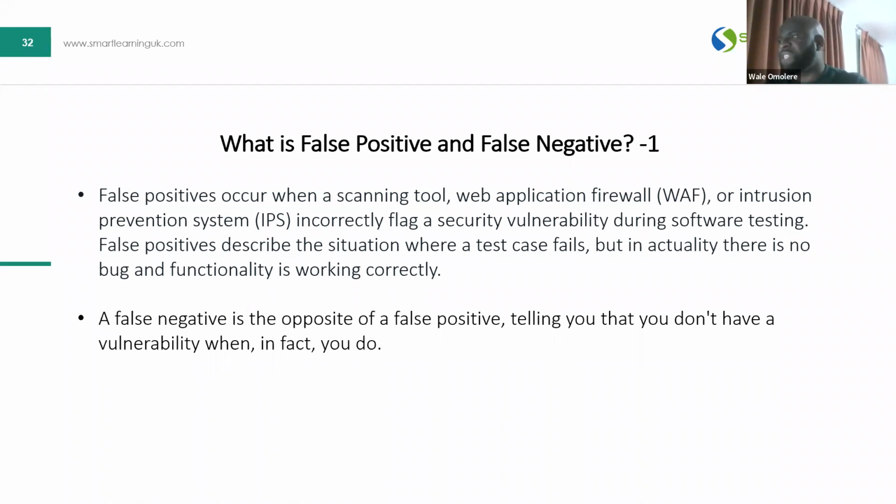False positive describes the situation where a test case failed, but in actuality, there is no bug and functionality is working correctly. So you could liken false positive to a false alarm, all right? Most of us, we live here in the UK, your alarm goes off, all right? Alarm goes off sometimes when the battery in the alarm system is worn out, or when it's low on battery, the alarm will trip, all right?